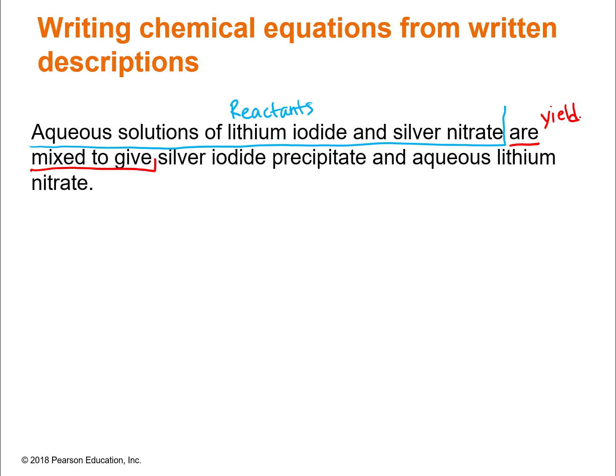And it'll let you know if there's heat or a catalyst or what have you. Silver iodide precipitate and aqueous lithium nitrate. These are our products. So you'll need to take the words or the names of compounds and write them as chemical formulas.